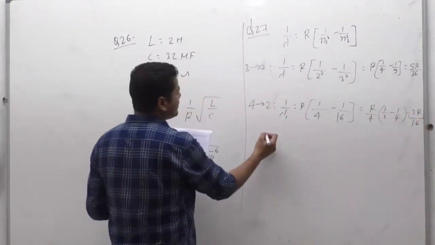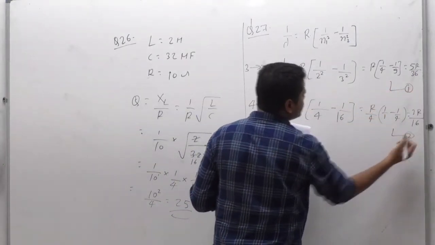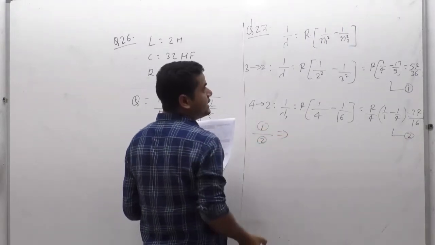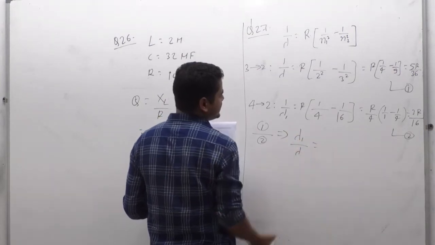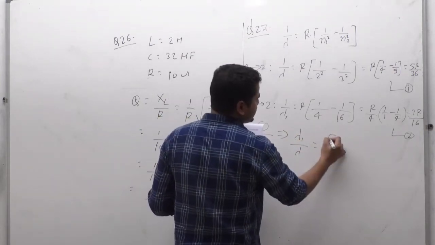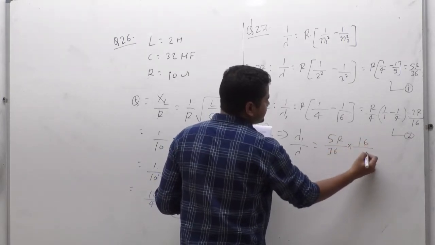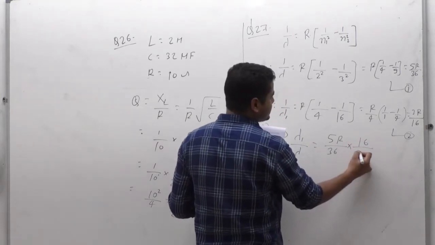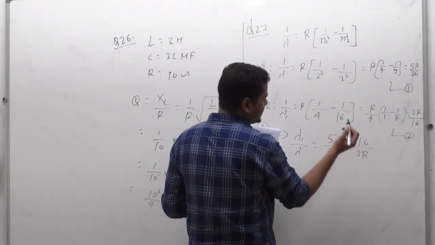Now we have to find lambda 1. Let us assume this is equation 1 and this is equation 2, and divide equation 1 upon equation 2. So we will get lambda 1 upon lambda equal to 5R by 36 into 16 over 3R. R cancels.